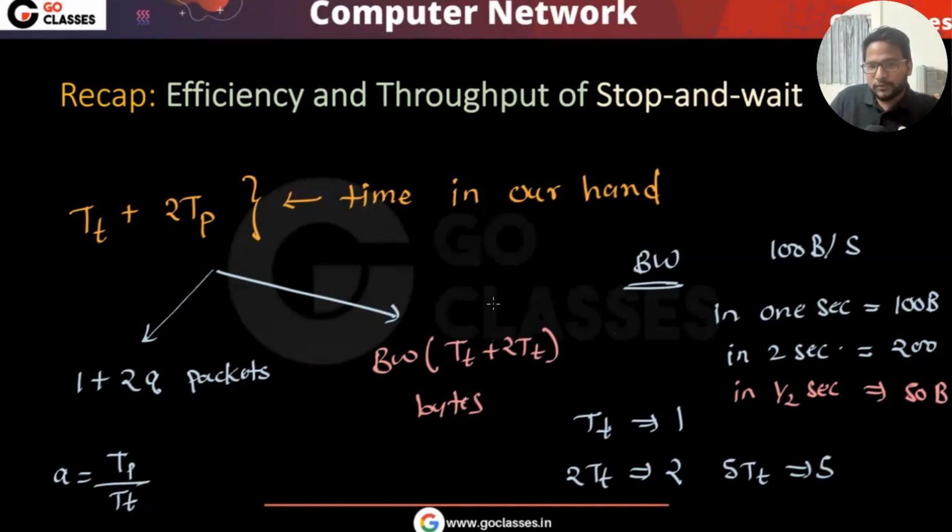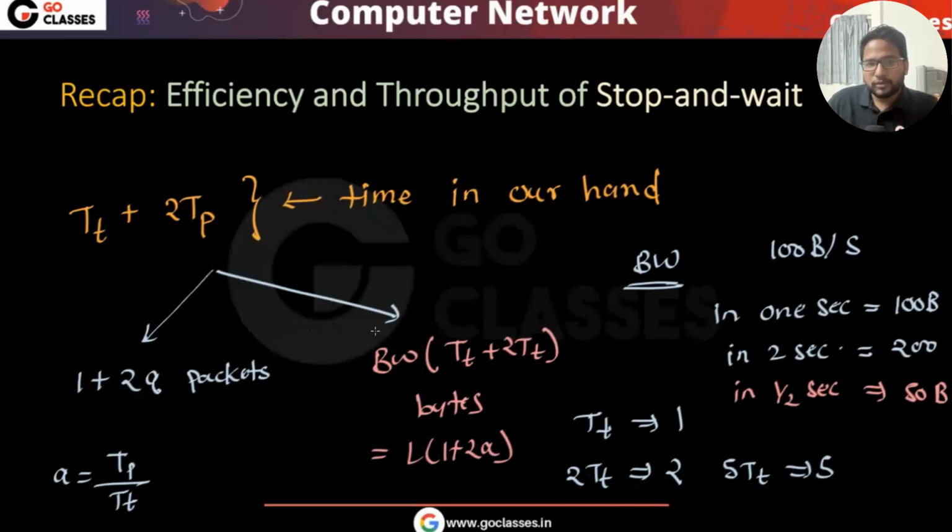If you want to convert packets to bytes, you just need to multiply by the length, and you will get this number. In these many packets, these many bytes are there. Anyway, this number is the same as L into 1 plus 2A. If you check, you can easily see the equivalence.